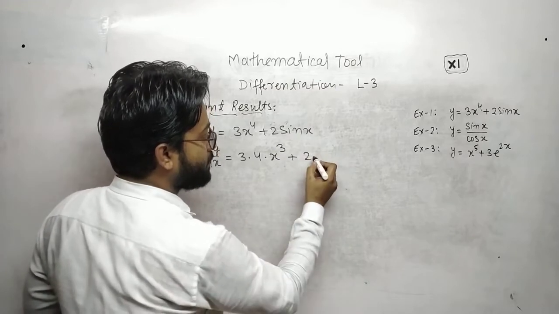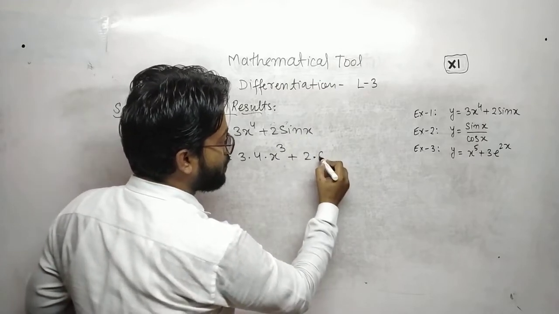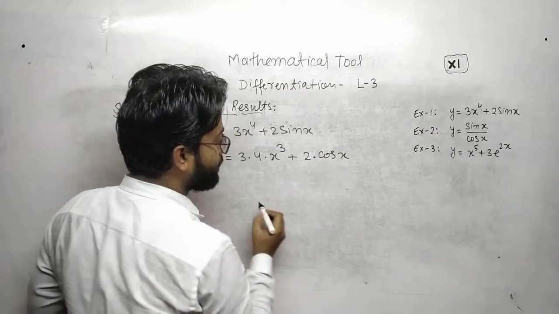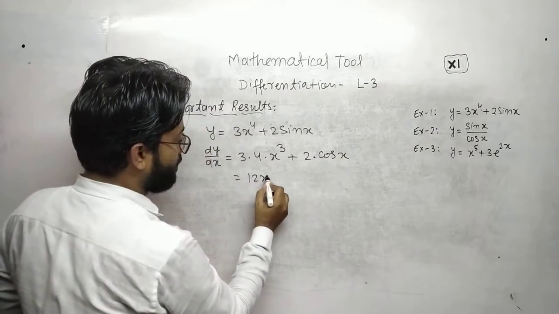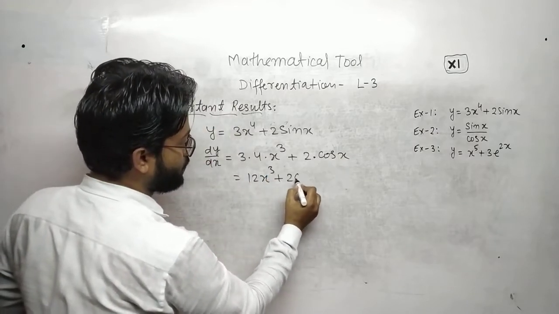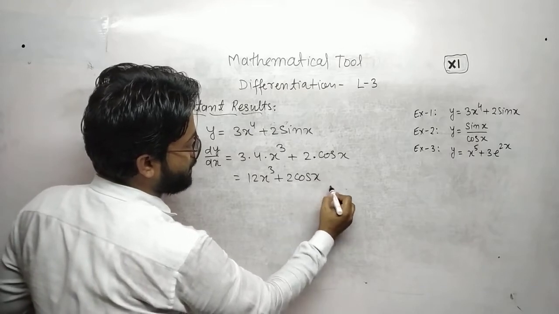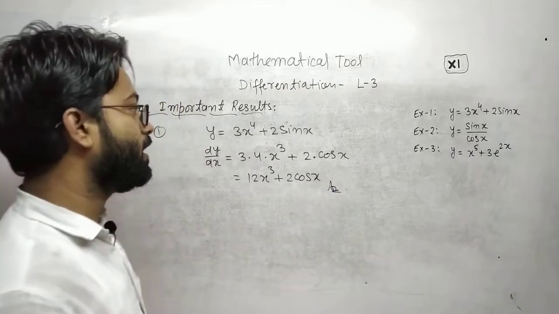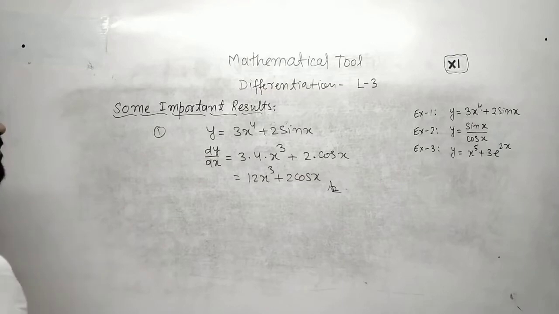We have seen sin x gives cos x simply. So 12x to the power 3 plus 2 cos x is the result. Hope you are understanding.